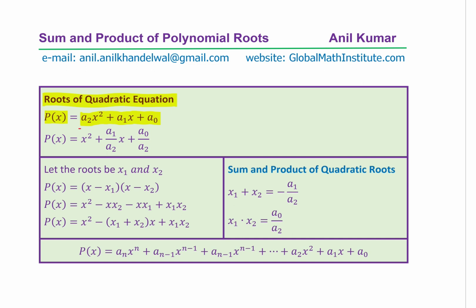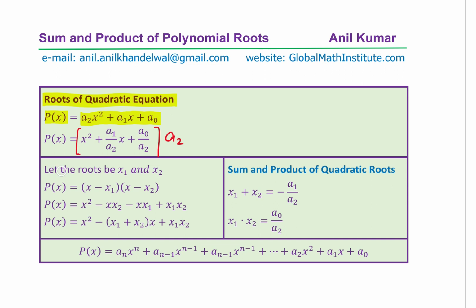So you could also write this polynomial like this, taking a2 as a common factor, so we get the leading coefficient within the bracket as 1, right? That's the whole idea. We could write this as x squared plus a1 over a2 x plus a0 over a2. So any polynomial could also be written with a leading coefficient of 1 in this manner, correct?